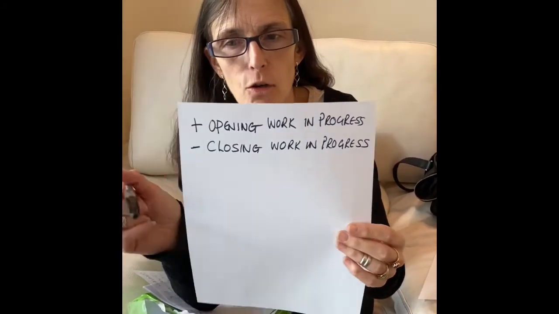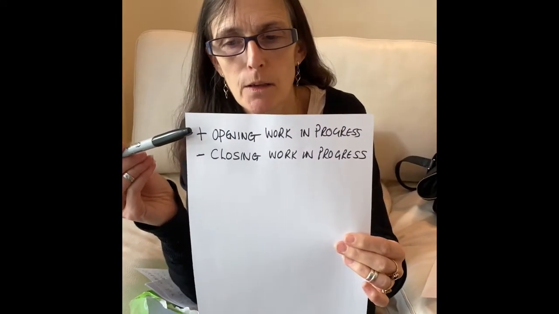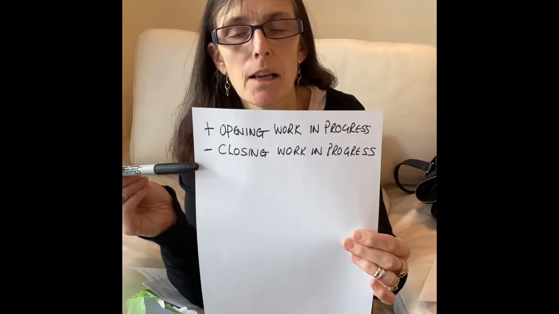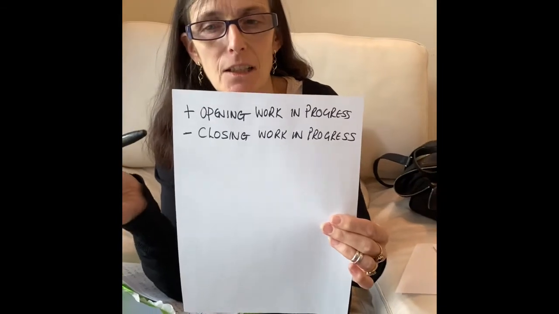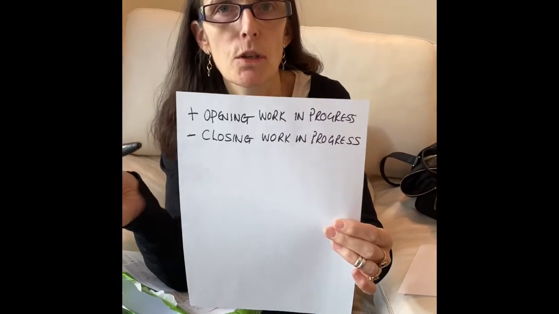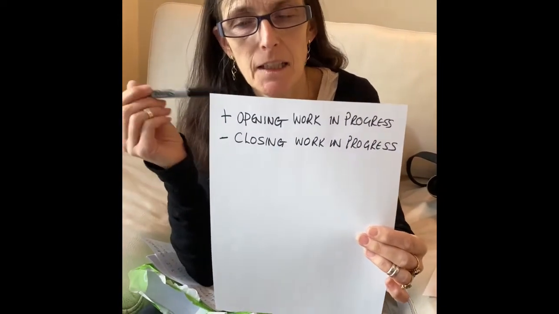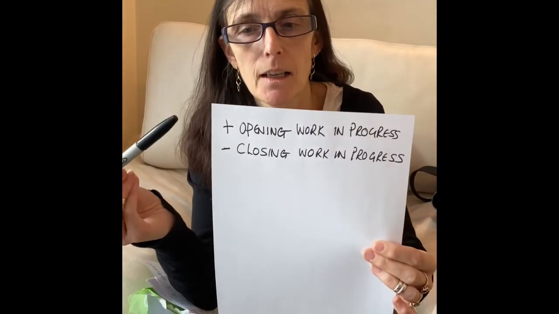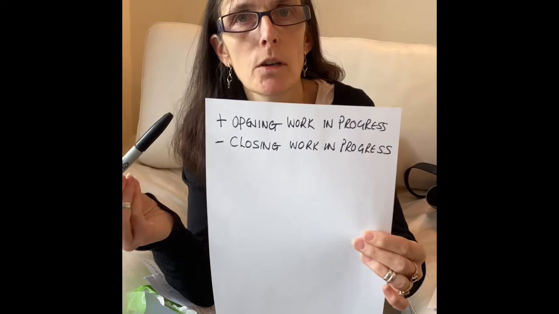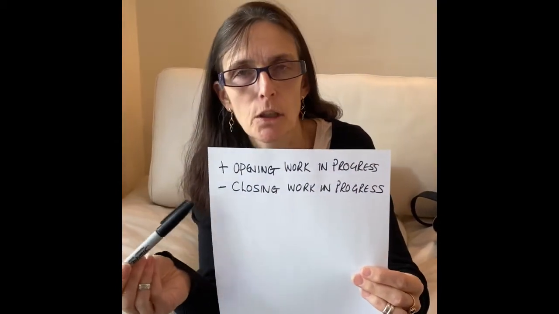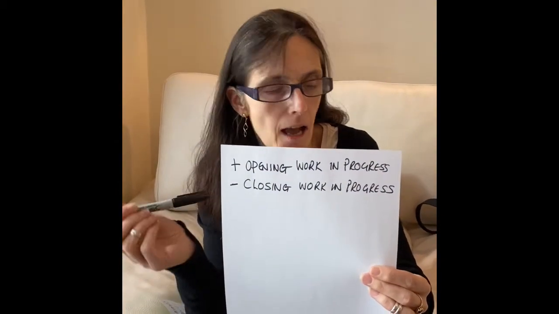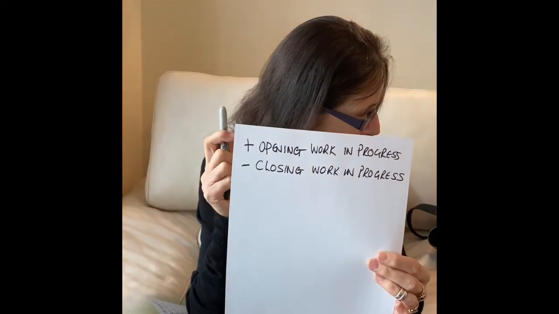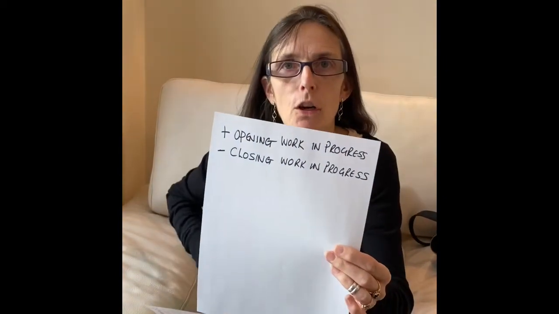And just like the chocolate, we started with 8 bars, we finished with 5, so it tells us the cost of the chocolate was 3 bars. And this is the same principle. The cost of the work in progress is add your opening work in progress minus your closing work in progress, and that will give us what we call the cost of goods manufactured.